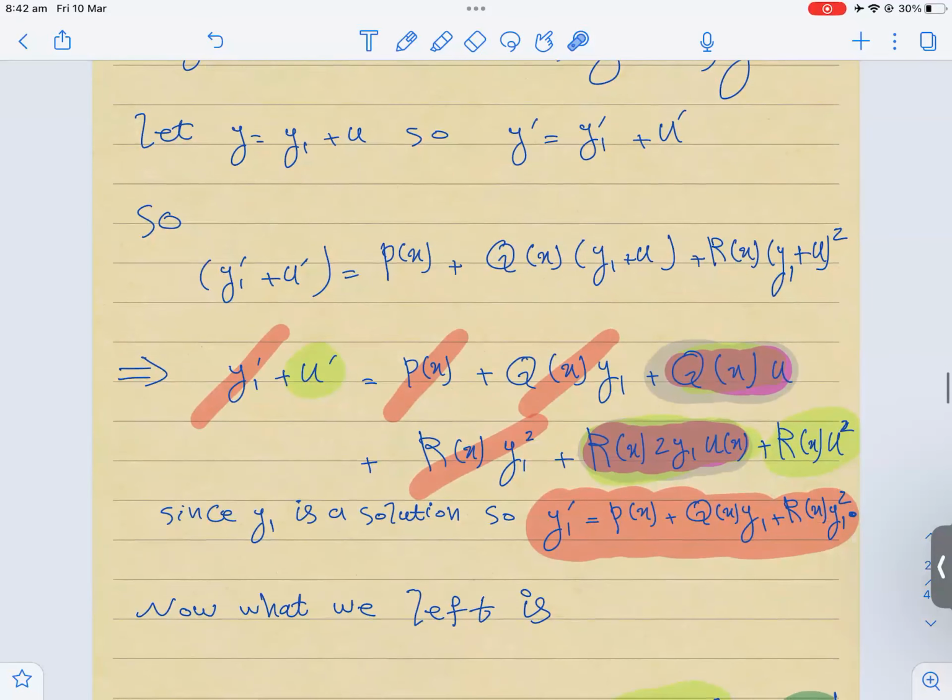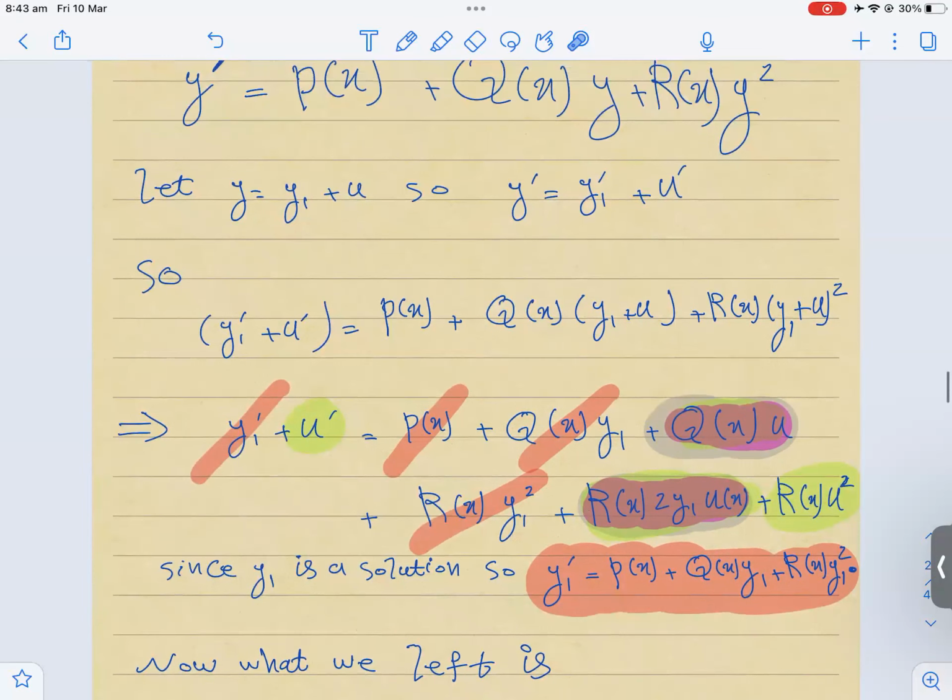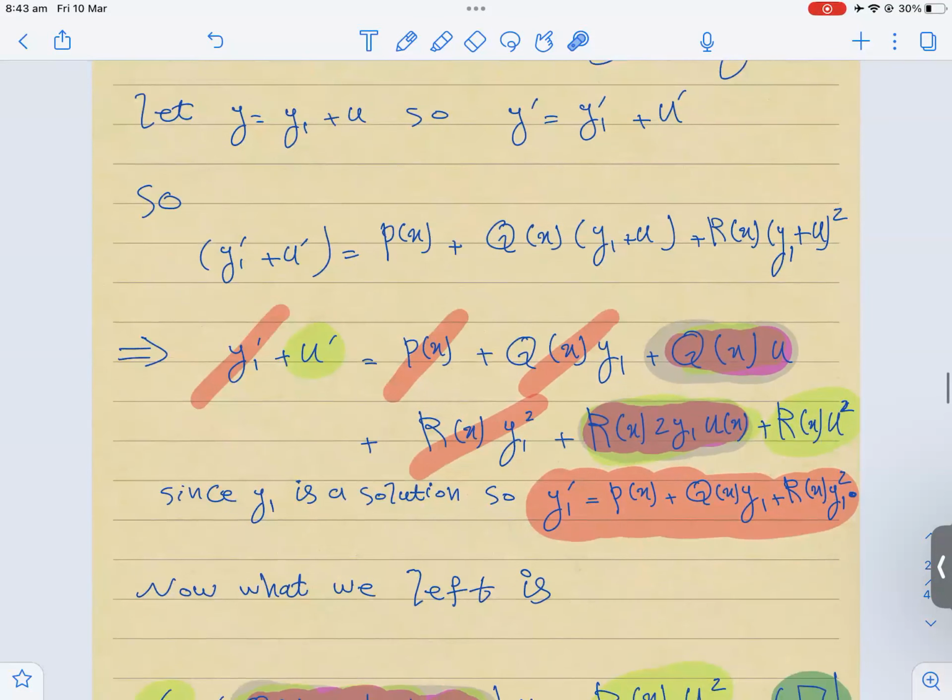If I simply expand these things, this line and this line, do you see the red highlighted color? Only reds. I'm able to cancel the y1 prime terms, because have a look here again, red highlight. The reason is that y1 is a solution of the Riccati, so y1 prime is this one.